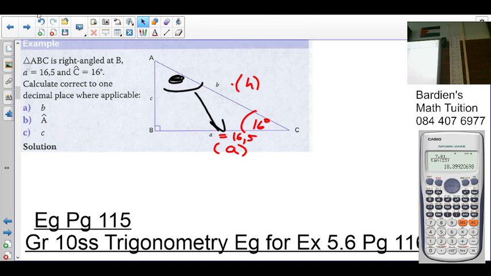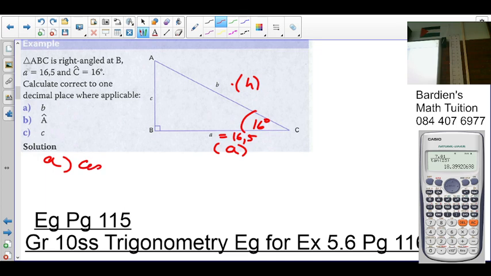Let's take that out again. So you all agree we're going to use cos. So we say cos 16 degrees equals your adjacent, which is 16.5, over hypotenuse, which is lowercase b.